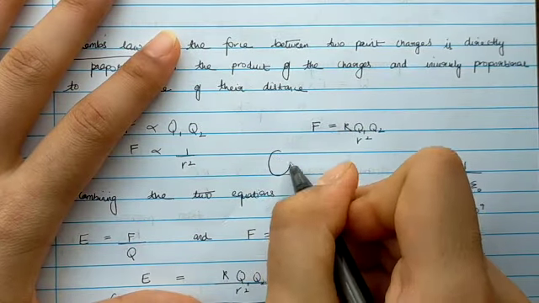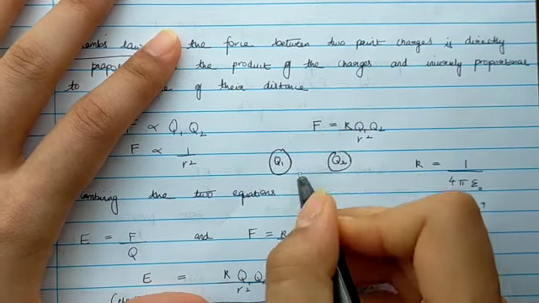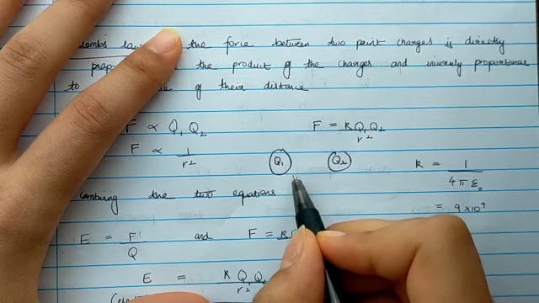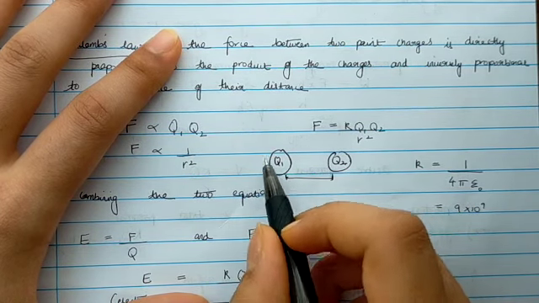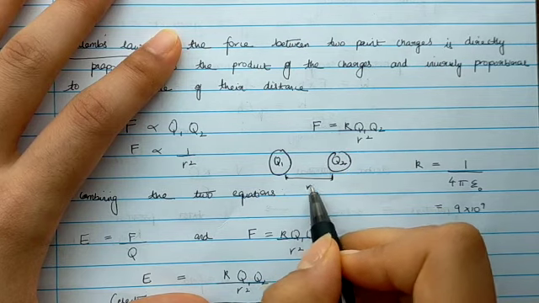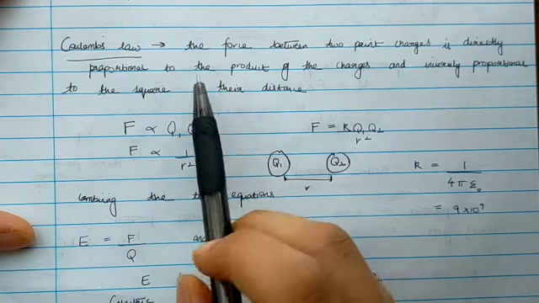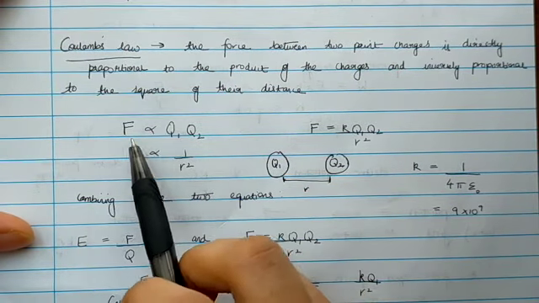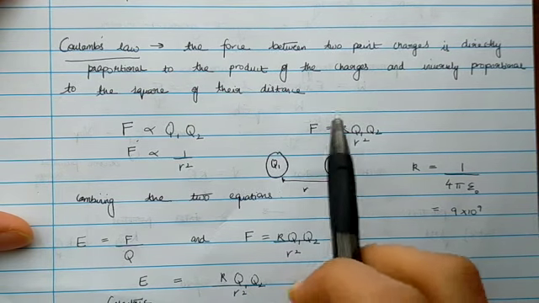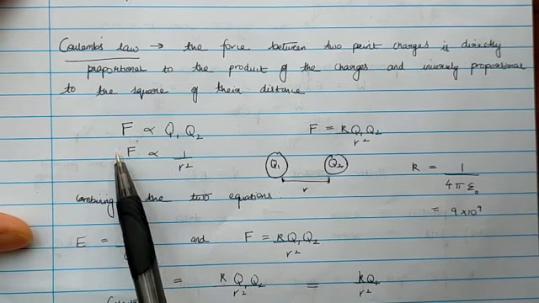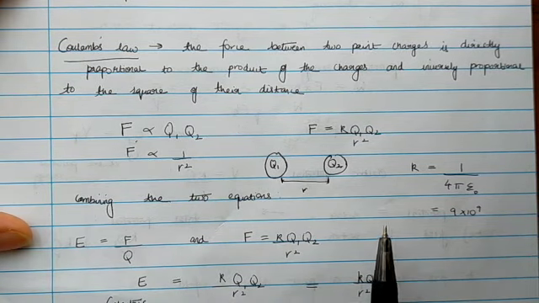If we have to visualize this, if we have Q1 here and Q2 here, two charges, this equation is basically defining the force between these two charges depending on the strength of their charges and the distance between the charges, which we labeled as R. So Coulomb's law says that the force will be proportional to Q1 Q2, since k is a constant, and force will be inversely proportional to R squared.